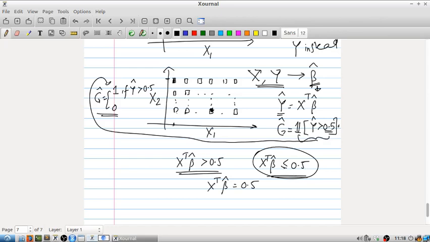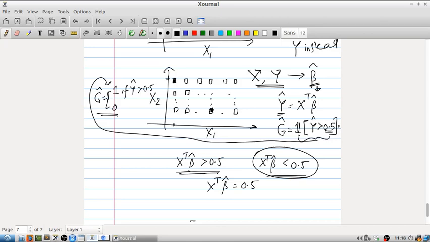I think you can put equal to, but when does the condition not hold? When x transpose beta hat is exactly 0.5, it's no more orange. The moment x transpose beta hat is greater than 0.5, I map it to ones, and the ones represent blue.